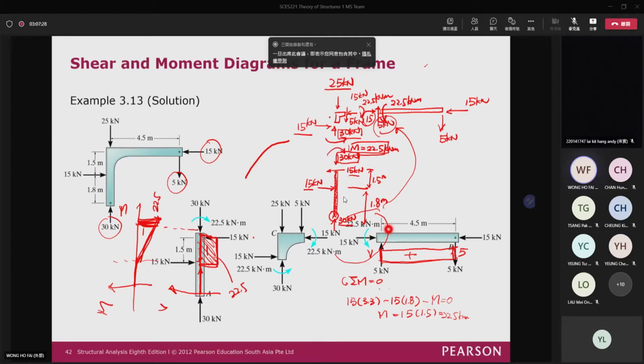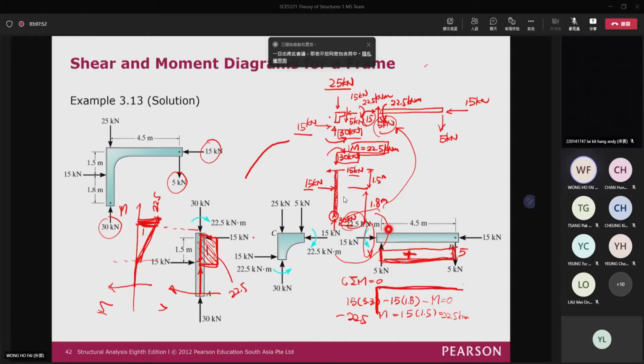For the bending moment diagram, first of all, I will draw here, and then you can see that my moment is 22.5 going downward here. 22.5 is a negative value. So you can see that this is a positive value and then a constant force because this one is constant. That means our slope is also constant, right?